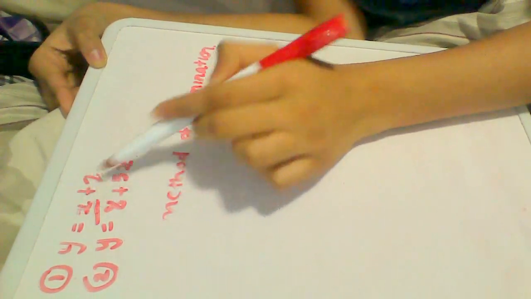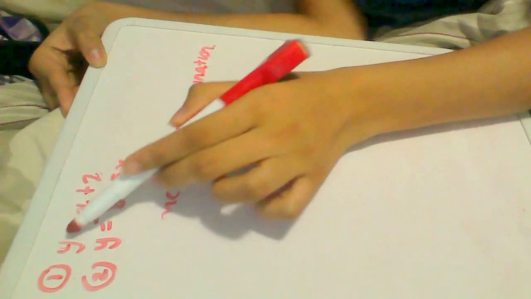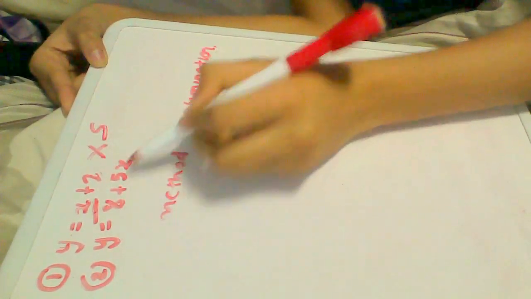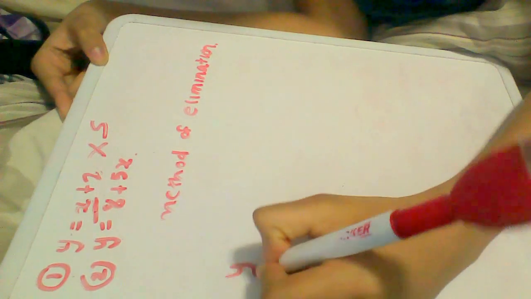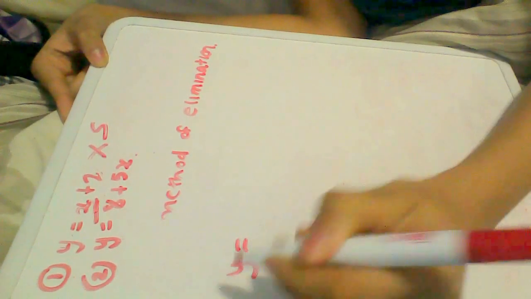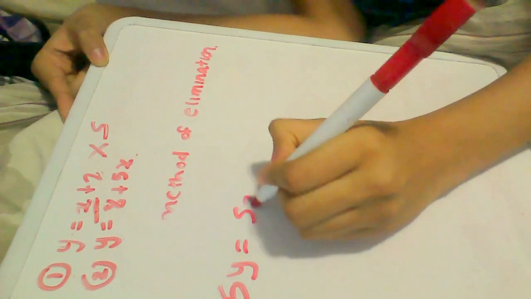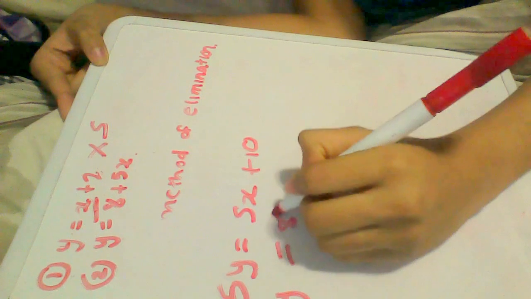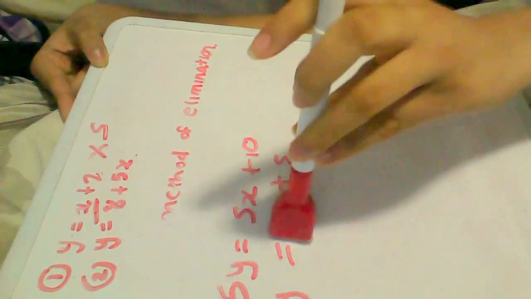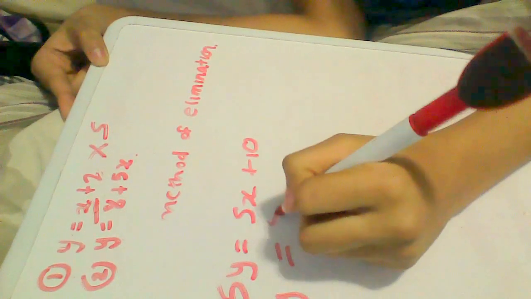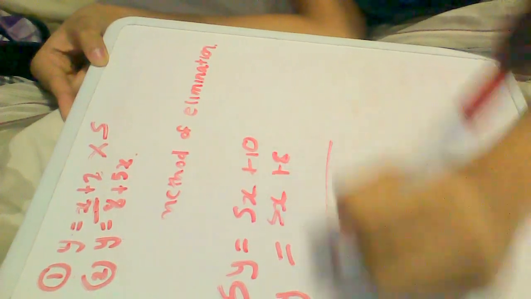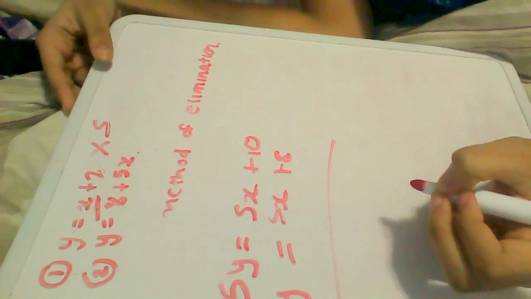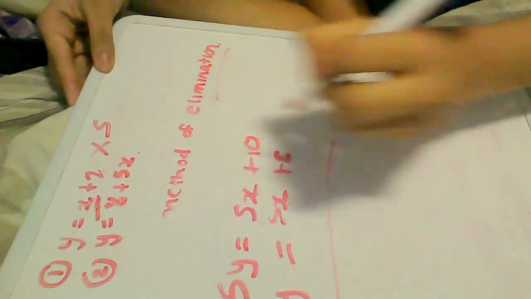We're going to try to make these two cancel each other out instead of the y's. So just times this by 5, because you want to make the x the same as the 5x. So that will equal 5y equals 5x plus 10, and 8 plus. Again, I'm just going to change this. There. Now we have an equation that we can actually subtract or eliminate in this term.